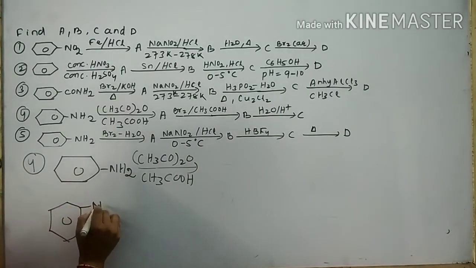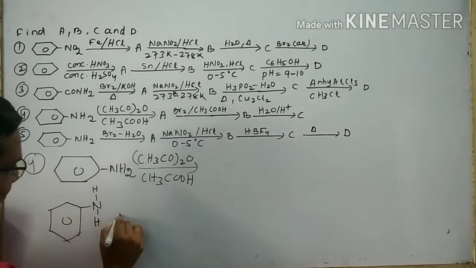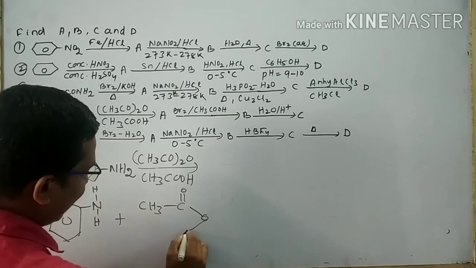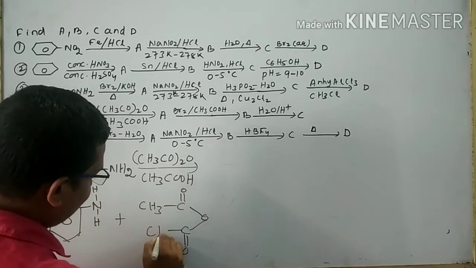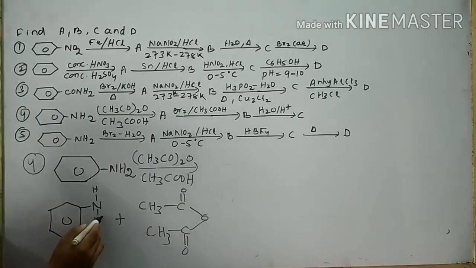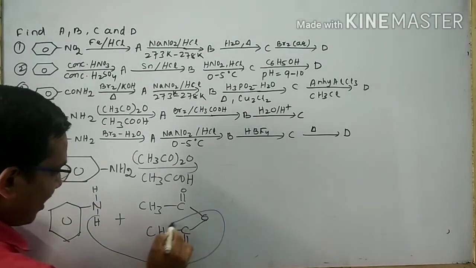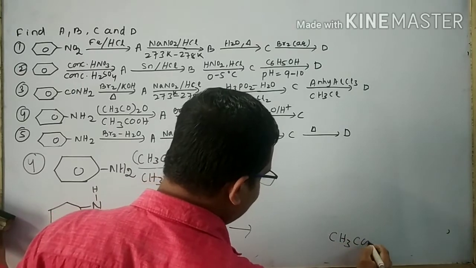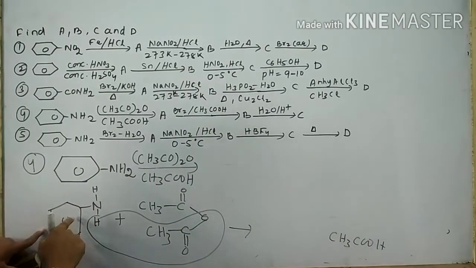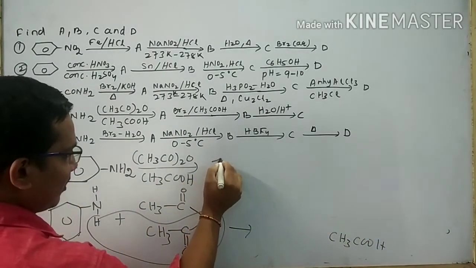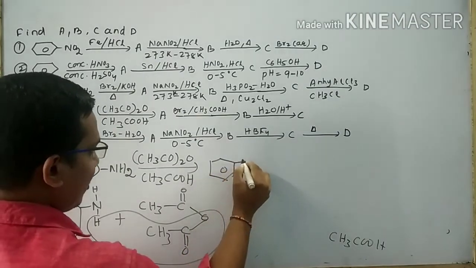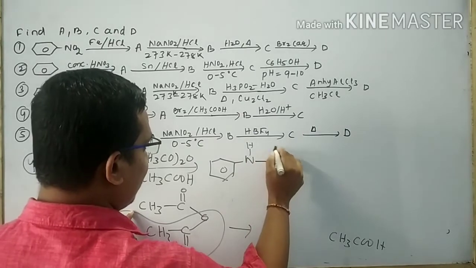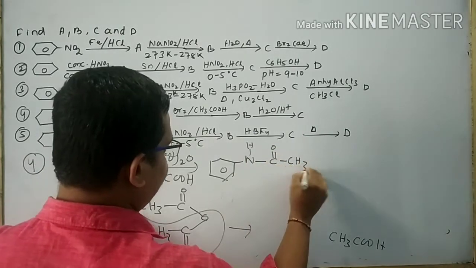This is aniline, and this is the structure of acetic anhydride. Here one hydrogen atom is removed with this part and forms the byproduct, acetic acid, CH3COOH, and the other part is NH, which is C double bond O CH3.